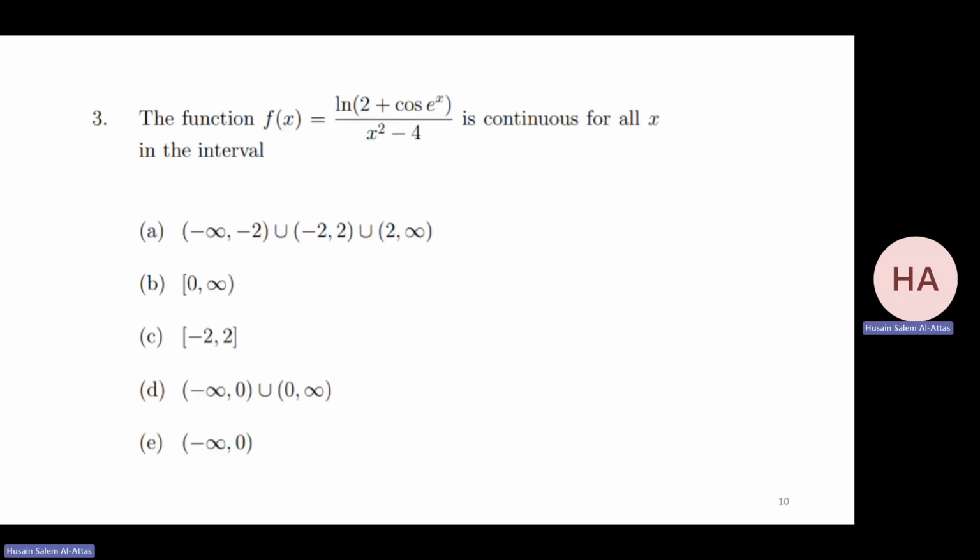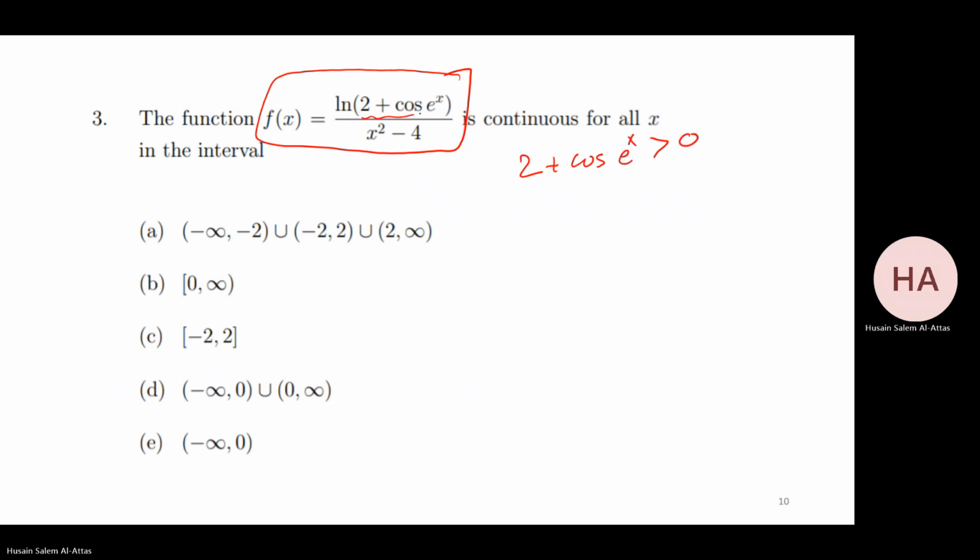Okay, now let us do the problems. I want to check when this function is continuous. If I have ln, I need to check the domain of this function. So I need 2 plus cosine ax to be positive, since the argument of ln should be positive, and the denominator not equal to 0.